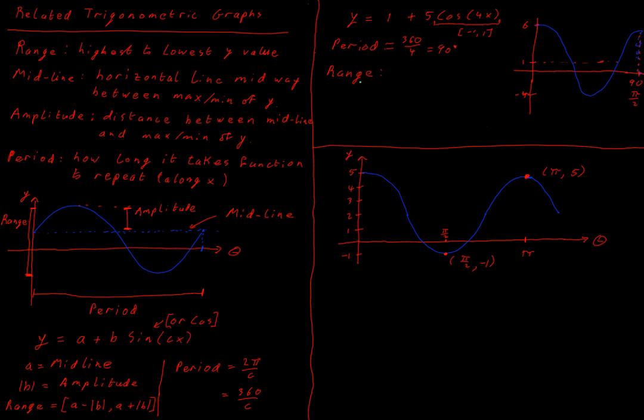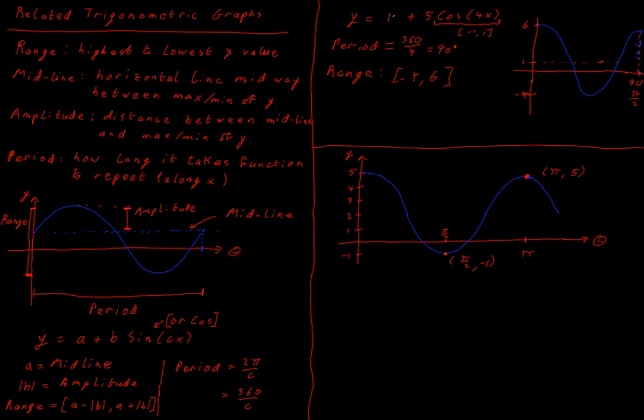Now, what's the range of this function? Because I've drawn this in, because I argued it out, I already know what the range is. I'm going from -4 up to 6. I'm going plus or minus 5 above and below my neutral line, my midline. You can argue it out that way, or you can learn off this formula and sub into it.